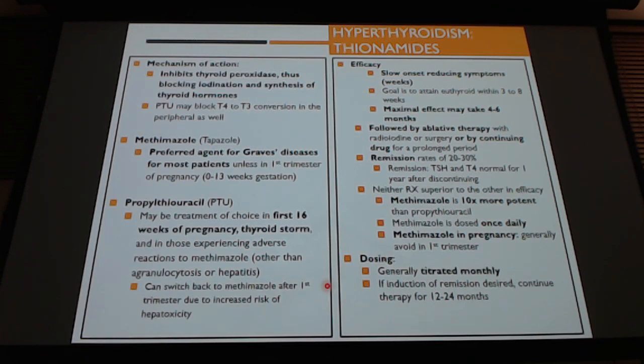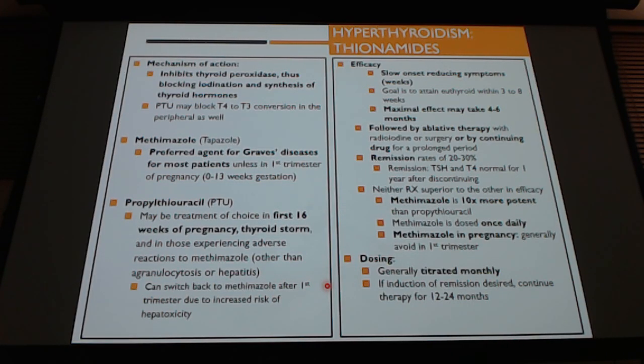So remember, the iodination is when I get to add on those iodine moieties to make my T3 or my T4. So I'm trying to block that from happening. You can also see where you can get a minimal benefit of these medications blocking that conversion peripherally as well. Okay, so there's very few drugs that block that peripheral conversion.